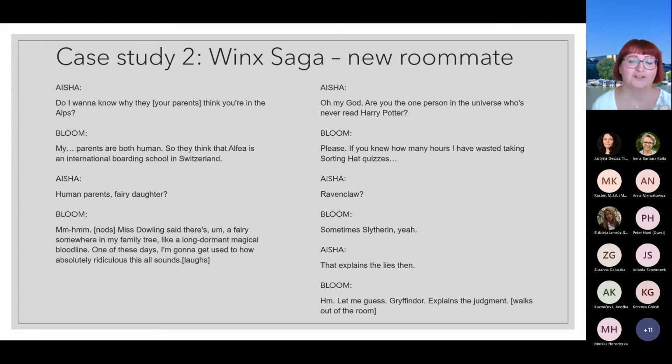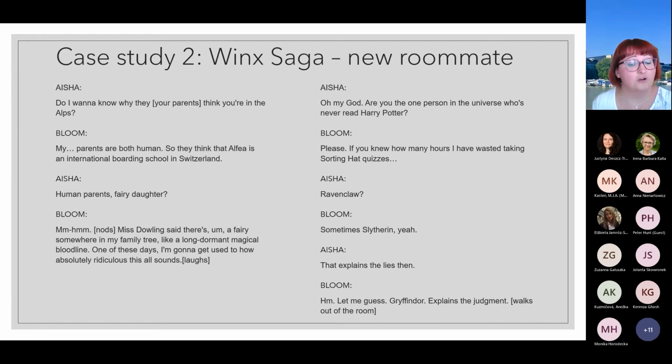Now, this is quite funny. And obviously, if you get a Harry Potter reference and you read Harry Potter, you know what she means. This is quite an overt reference, because she could have said, you never heard of Hogwarts. So this is a little bit more in-depth reference. But also she is making an assumption that whoever read Harry Potter would love to be in a magical school, which probably is not true, but yeah.